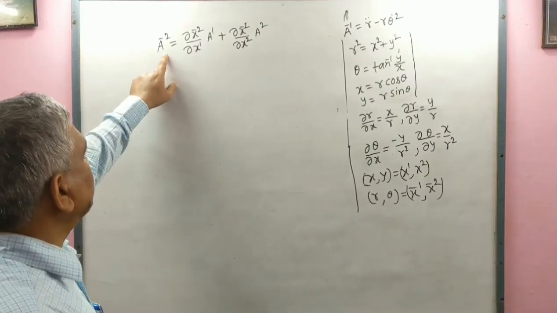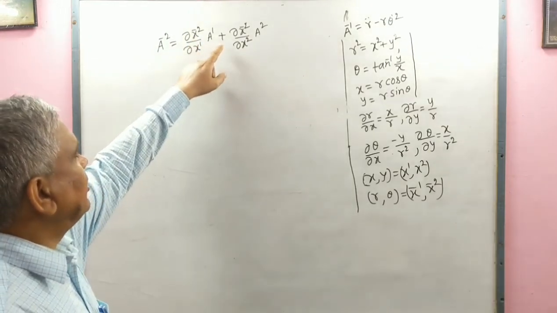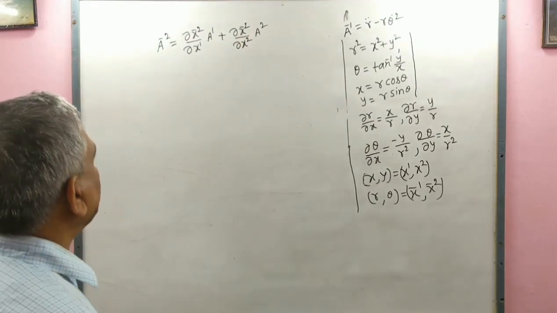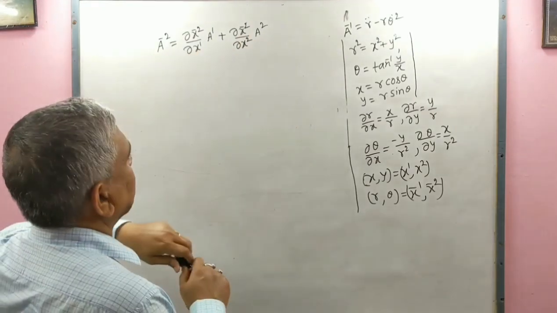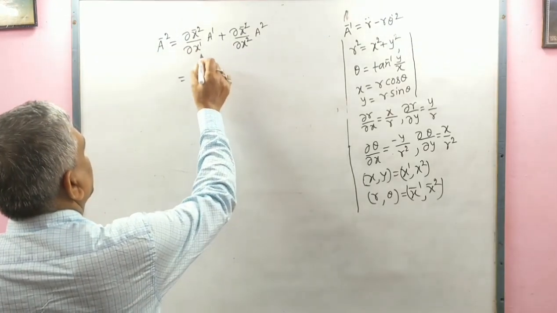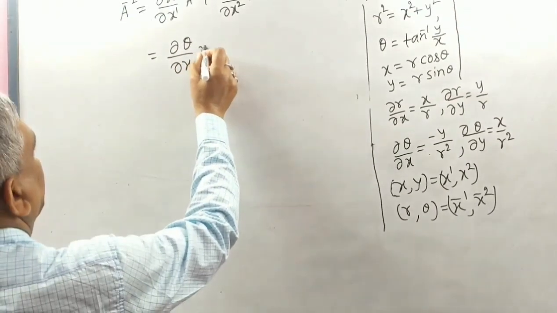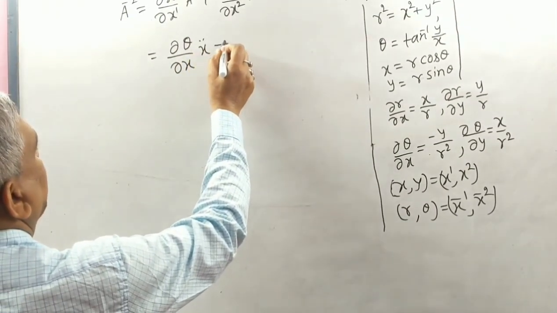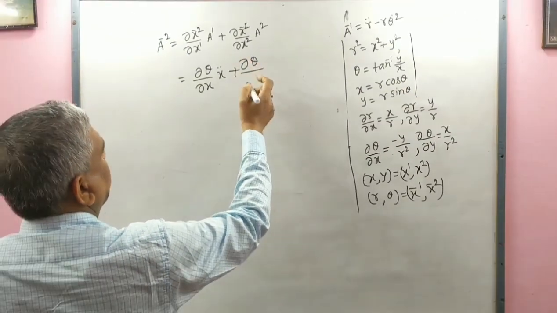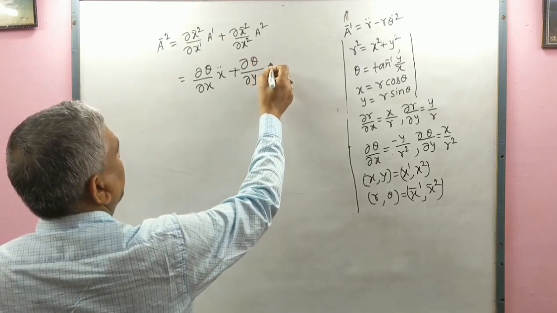Now a bar 2 equal to del x bar 2 by del x1 a1 plus del x bar 2 by del x2 a2. X bar 2 is theta. So del theta, del x1 is x, a1 is x double dot, del theta, x2 is y, and a2 is y double dot.